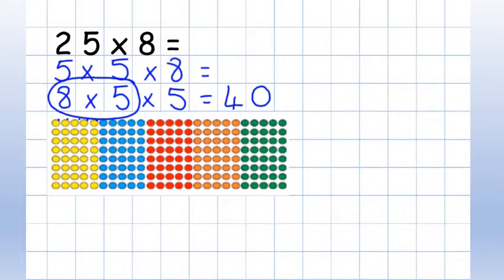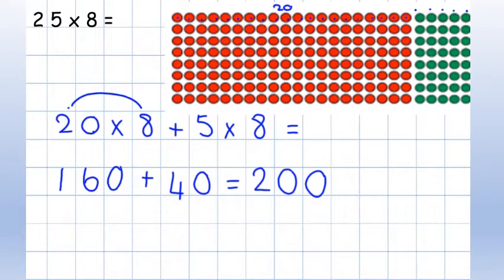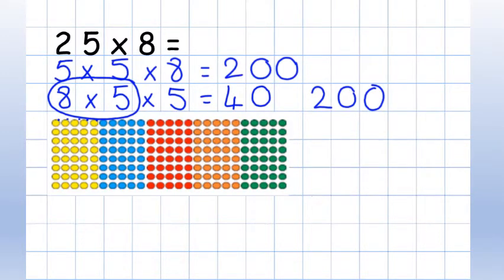It's 20, isn't it? And then we are going to pop in a placeholder. Okay, so 8 times 5 times 5 is 200, which is lucky because that's exactly the same answer that we got to 25 times 8 when we did it the partitioning method. Okay, are we happy with those?